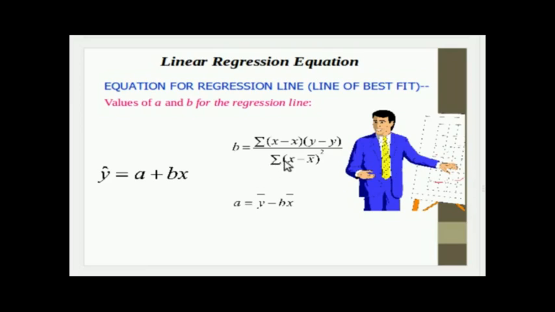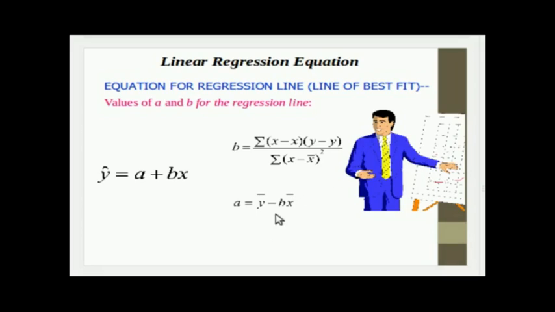b is the sum of x minus the mean value of x, that is x bar, times y minus the mean value of y, that is y bar, divided by the sum of x minus x bar squared.